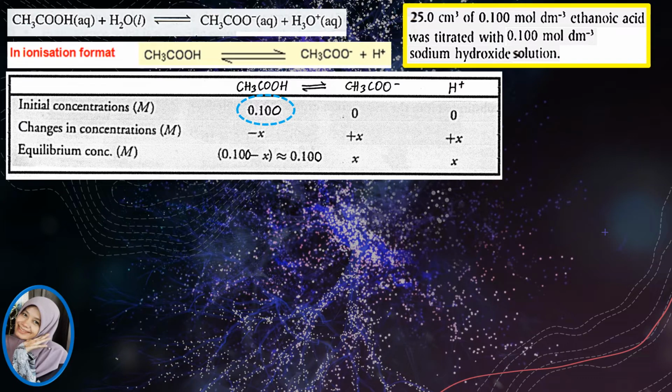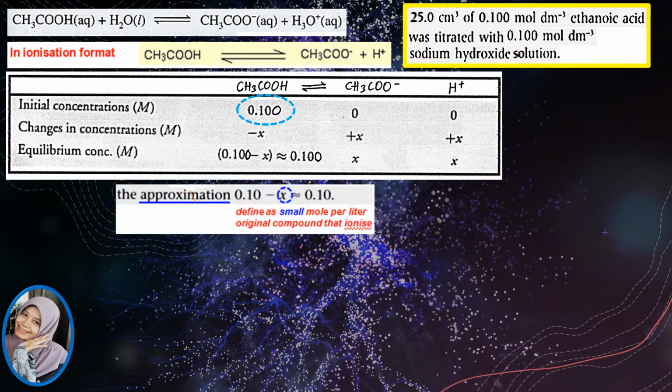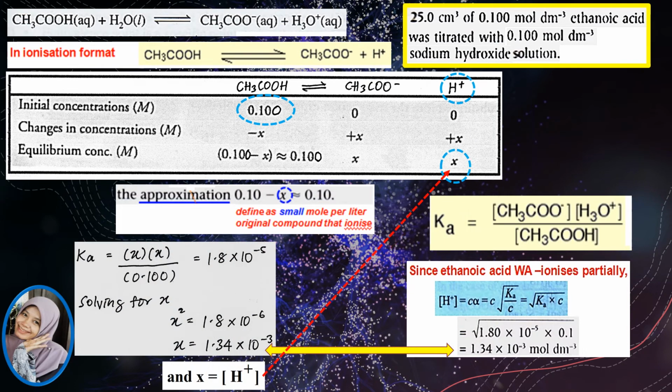Take the given concentration 0.1 molar to be the initial concentration of ethanoic acid before any dissociation has occurred. Let X be a very small amount of molecule ethanoic acid that ionize per liter. We make approximation, X will be very small compared to 0.1 molar. So, at equilibrium, the concentration of ethanoic acid is equivalent to 0.1 molar.